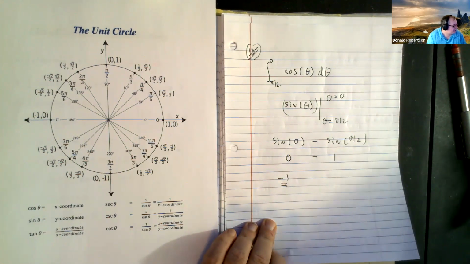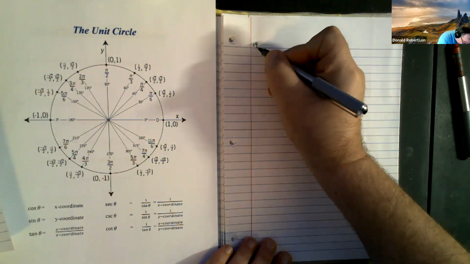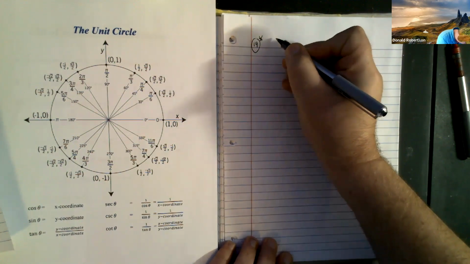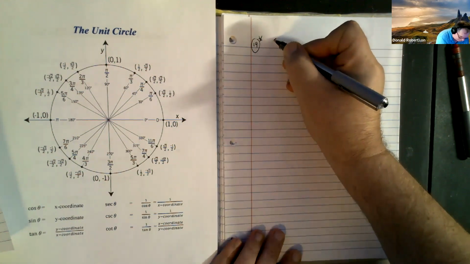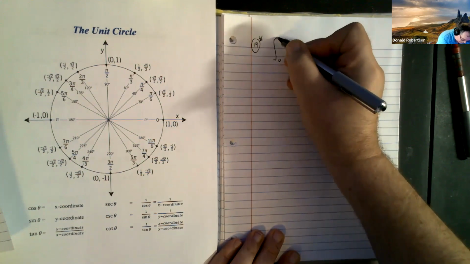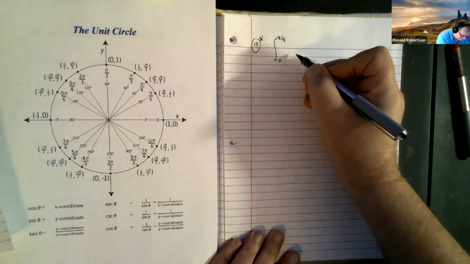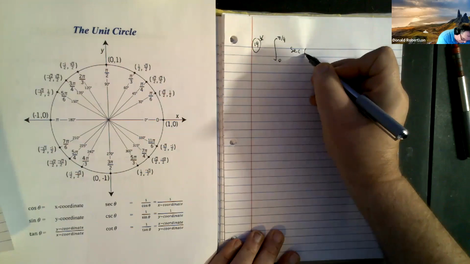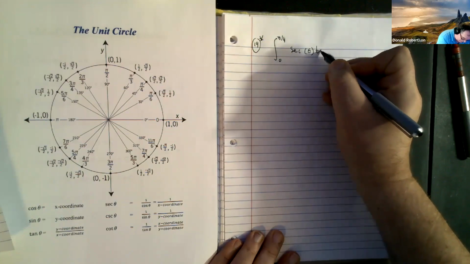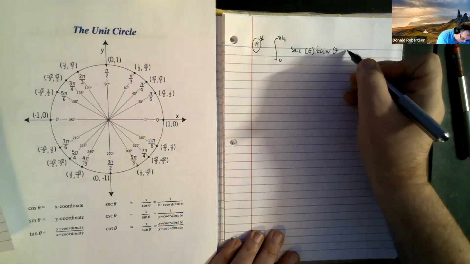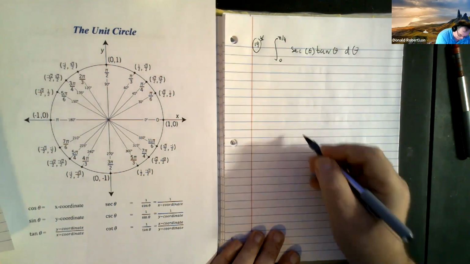Now, let's do another one of those trig guys if I can find one. Yes, okay. This is question 19. Actually, the last one for today. We have 0 to pi upon 4, secant theta tan theta d theta.